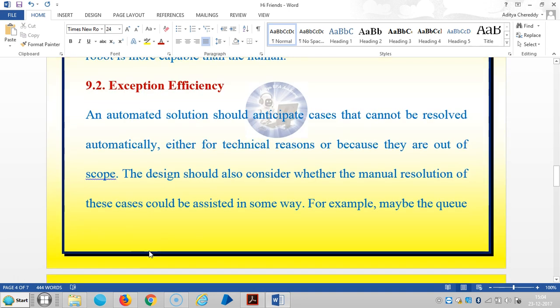The next one is exception efficiency. An automated solution should anticipate cases that cannot be resolved automatically, either for technical reasons or because they are out of scope. The design should also consider whether the manual resolution of these cases could be assisted in some other way.